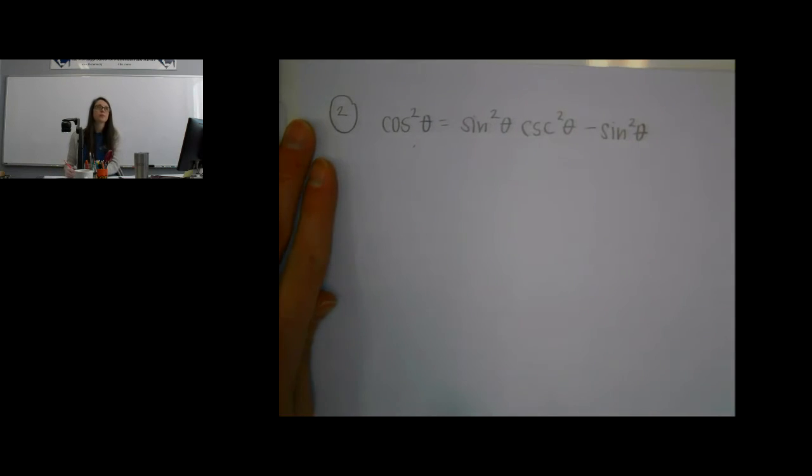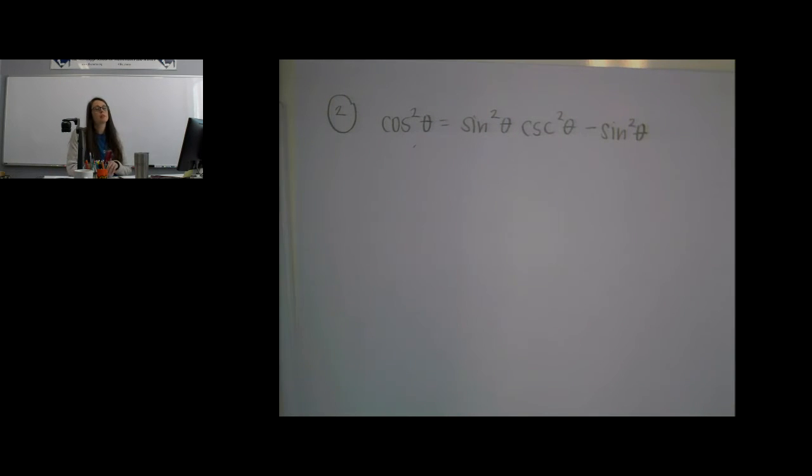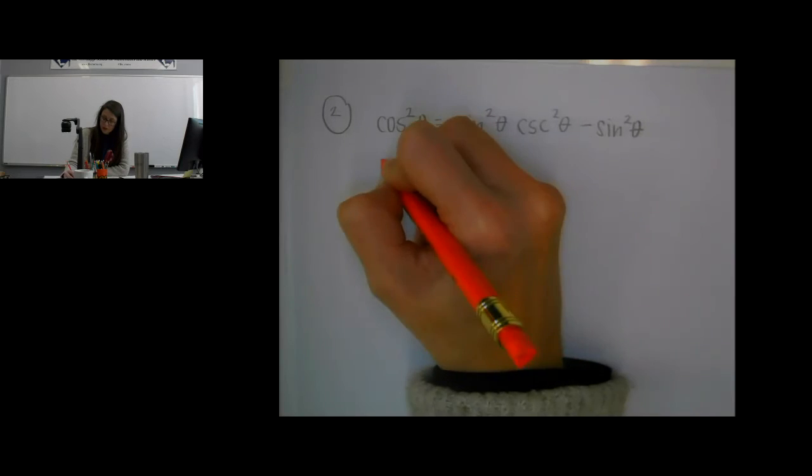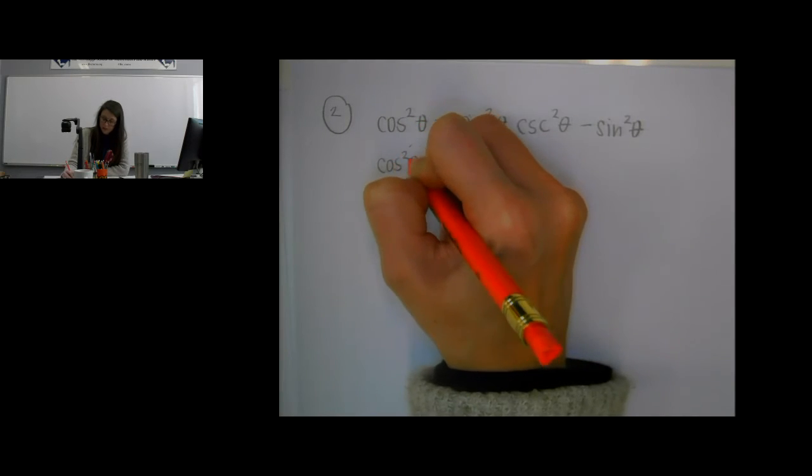All right, y'all try this one. And a thing to remember is always look at the one that's the most complicated one that you can work through. So I'm going to take the right hand side here.